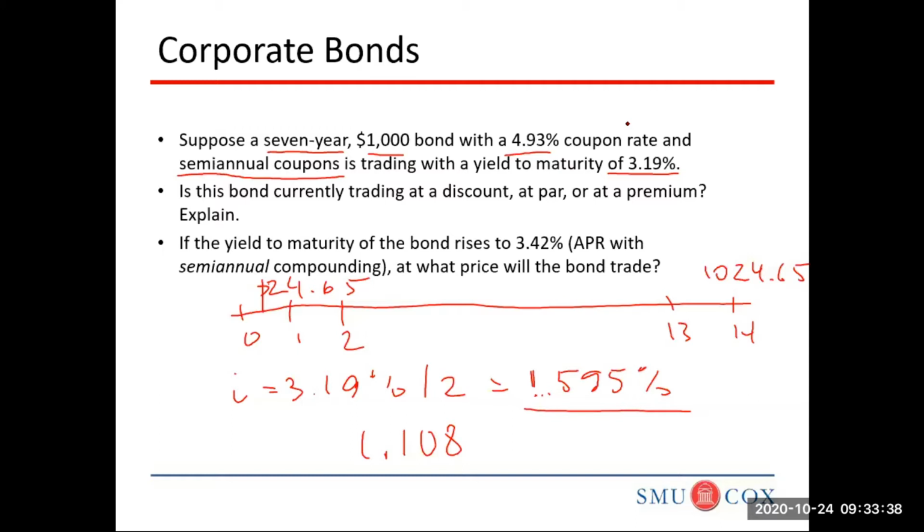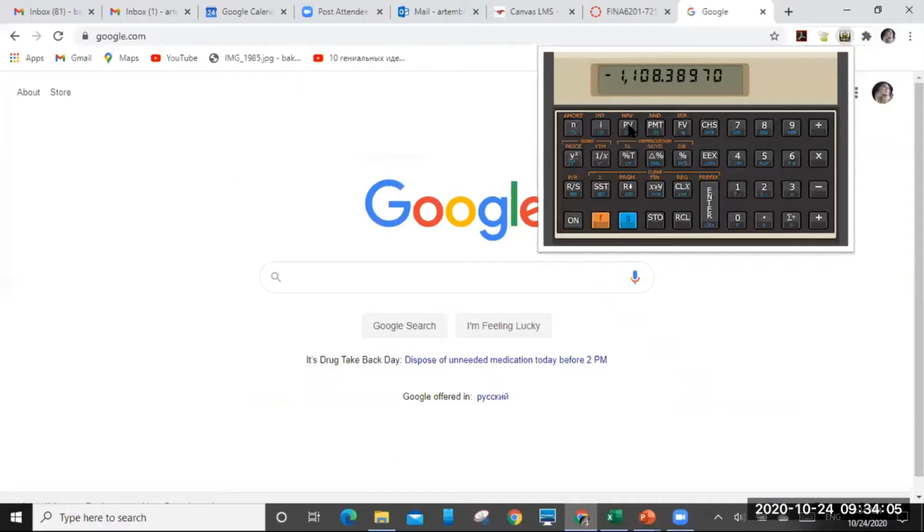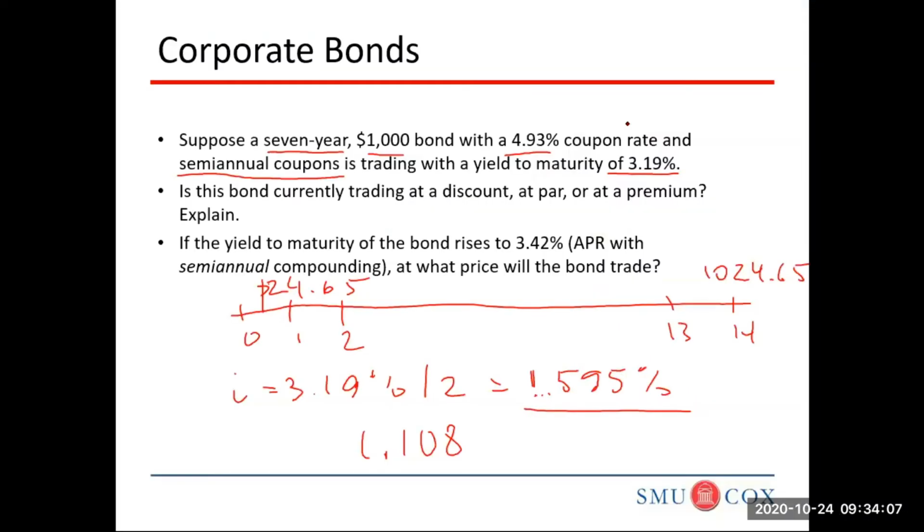What would happen if the yield to maturity rises from 3.19 to 3.42? Just intuitively, what do you think will happen to the bond price? Wouldn't you pay less of a premium? You'd pay less of a premium. Good point. Well, let's calculate it. For me it's fairly simple, I'll just change the discount rate.